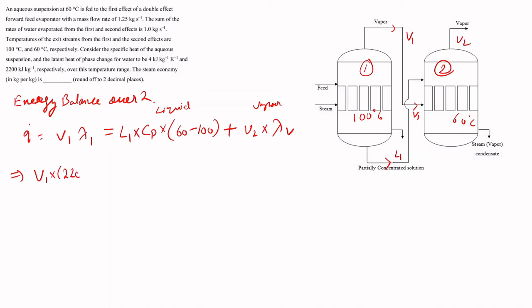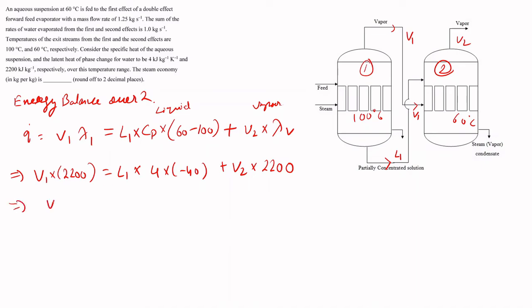V1 into 2200 is equal to L1 into the specific heat of this suspension, which is given as 4, so we can write it as L1 into 4 into minus 40 plus V2 into lambda V, which is 2200.